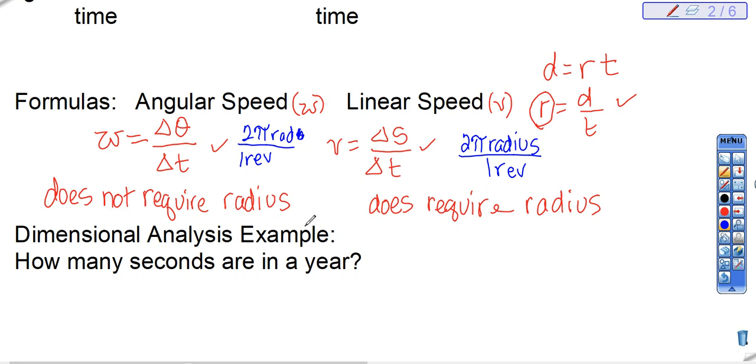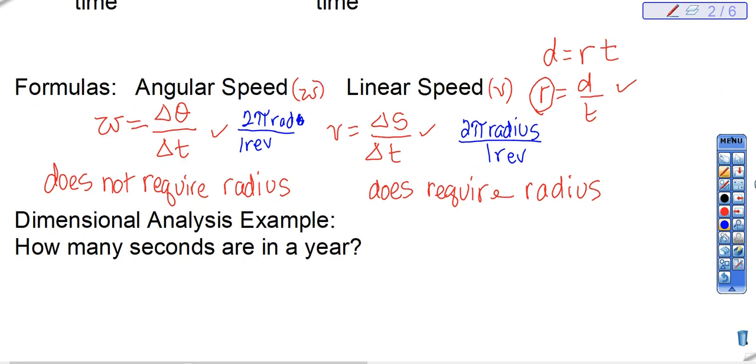What's theta? 2 pi radians, right? If I say we're going to do 1 revolution, what's your circumference? 2 pi times your radius, okay? One measures your change in degrees or radians, and one measures your change in feet or inches or whatever your linear path around your circle is.